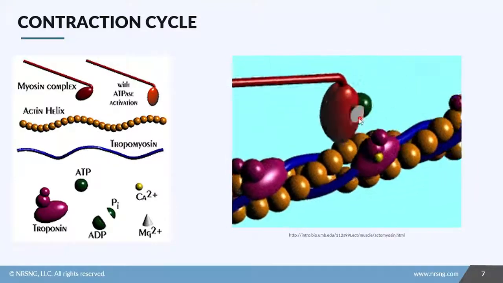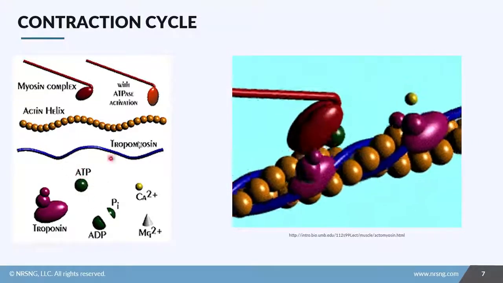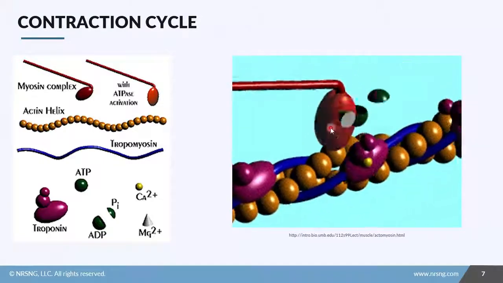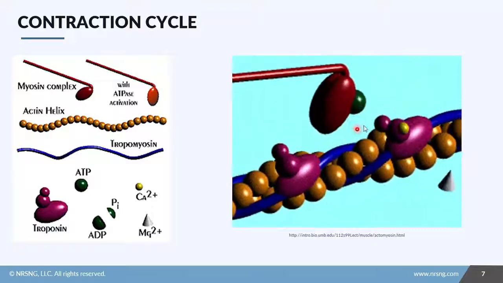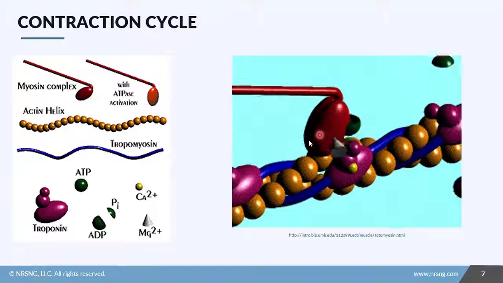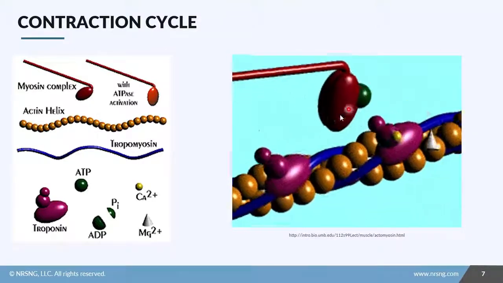Then if you look, you'll see the ATP, the green ball right here. It comes in, and when it does, the myosin head lifts up. That's because the ATP is basically putting it back in that position to help slide it forward. So it slides forward and then moves up and relaxes.